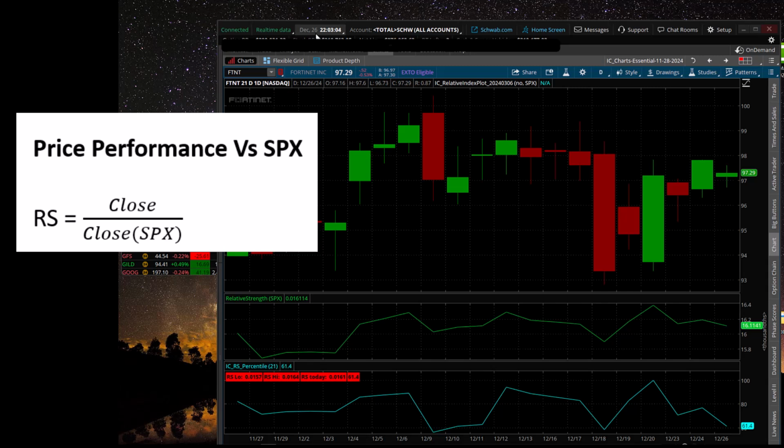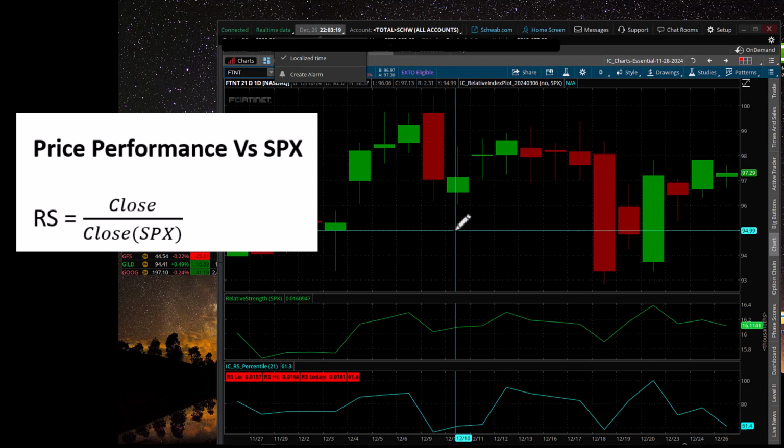So relative strength is, by definition, the ratio of the closing price of the stock divided by the closing price of the S&P index, or the index that you're working with.